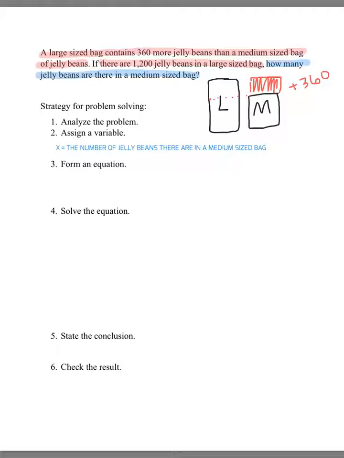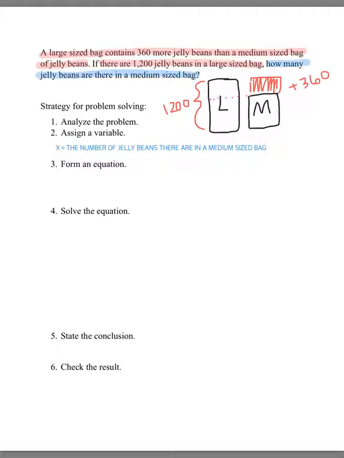If we were to add 360 jelly beans to the medium-sized bag, it would be the same size as the large bag. However, how many jelly beans are in a large bag? Luckily for us, we also know that quantity. The second sentence says, if there are 1,200 jelly beans in a large-sized bag. Therefore, a large-sized bag contains 1,200 jelly beans.